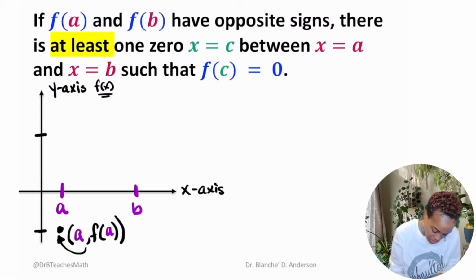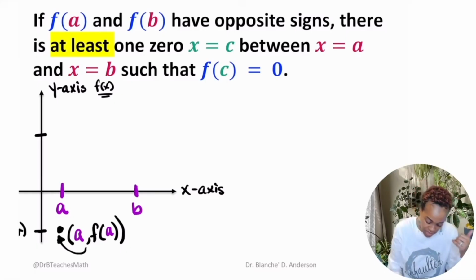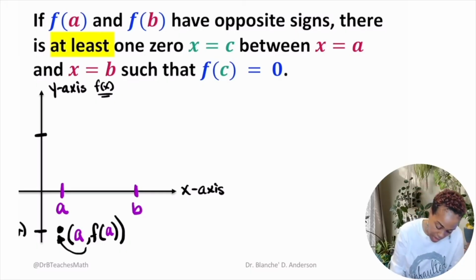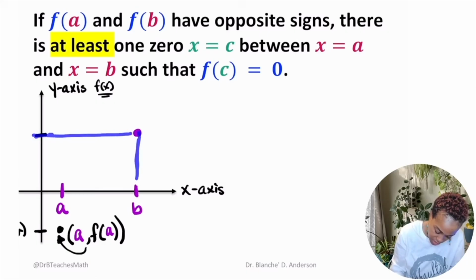Okay, so this is your f of x, your y-axis, right? And I'm saying the point here is a, f of a. And then this point here is the point on the y-axis too.